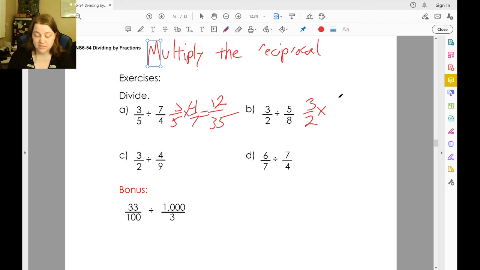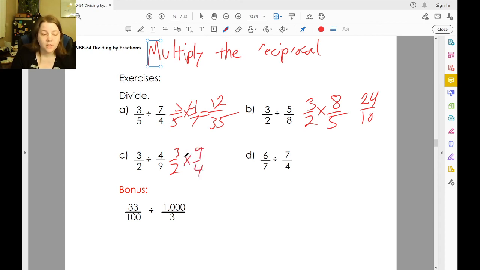That's 3/2 times 8/5 because you find the flip-flop of the second fraction. 3 times 8 is 24. 2 times 5 is 10. 3/2 divided by 4/9 becomes 3/2 times 9/4. 3 times 9 is 27. 2 times 4 is 8.